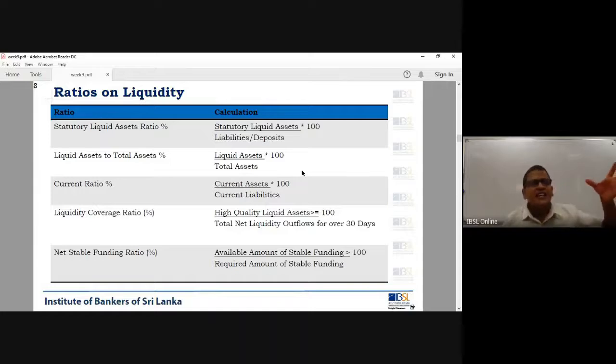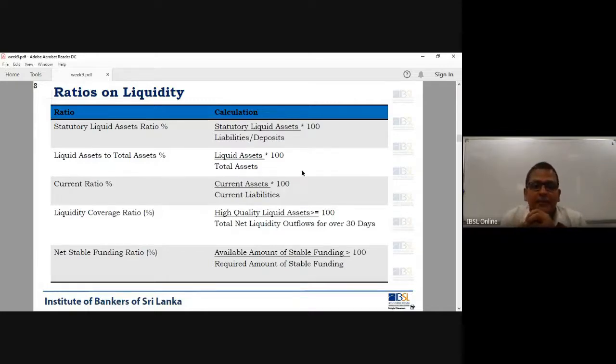So these are some of the examples for statutory liquid assets. So when a bank mobilizes a 100 rupee deposit, if it is a commercial bank, they have to keep 2 rupee with the central bank, and then they themselves have to keep 20 rupees as statutory liquid assets.